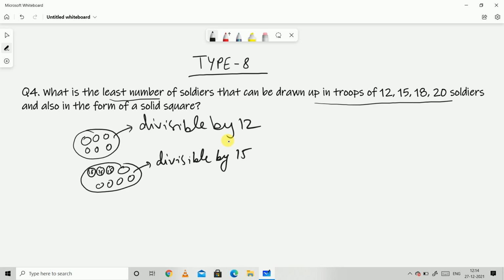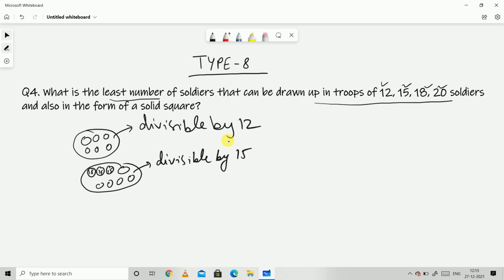So what is that least number which is divisible by 12, 15, 18 and 20? Obviously the LCM of 12, 15, 18 and 20. So if certain things can be drawn up into a group or a troop of certain numbers, then that number will obviously be divisible by those numbers.